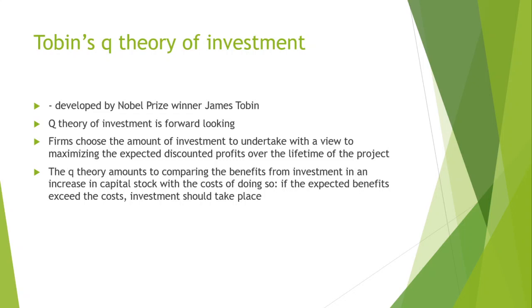Suppose the expected lifetime of the project is 10 years, then the firm will try to find out the present value of the expected returns over the lifetime of the project.